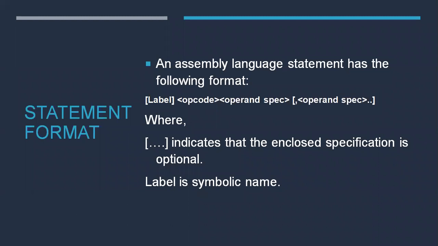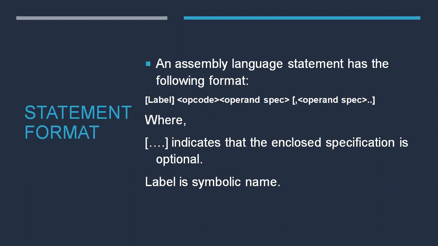Let us start with the first point, that is statement format. How is the statement in assembly language programming? An assembly language statement has the following format: label, which is optional. Whatever is given in square brackets is optional. Opcode is compulsory.